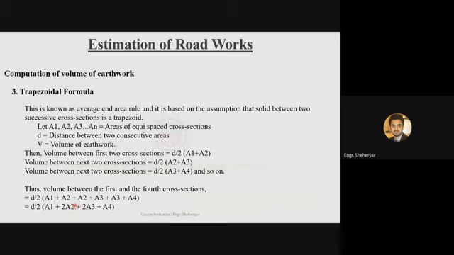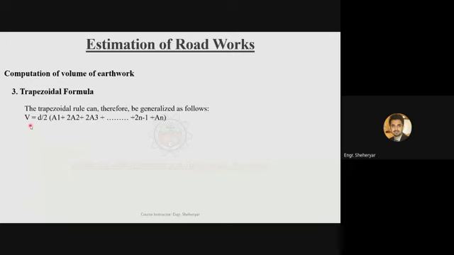So I can generalize this formula: the total volume of the earthwork will be equal to d/2 into (A1 plus 2A2 plus 2A3 plus 2A4 plus 2A5 and so on till 2A(n minus 1) plus An). The An is again appearing a single time. So A1 and the last area are appearing a single time, and all of the intermediate areas are repeating 2 times. Is it clear?